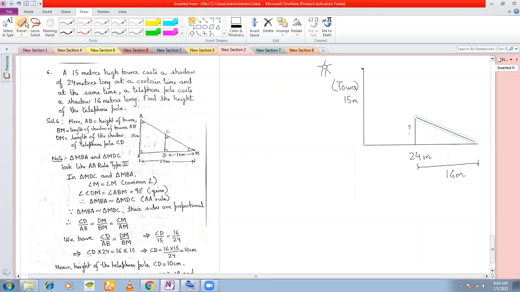So what you do here is you join both of these. Let's shorten this a little.